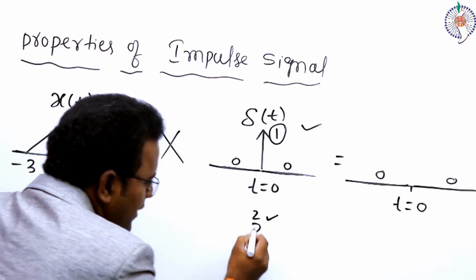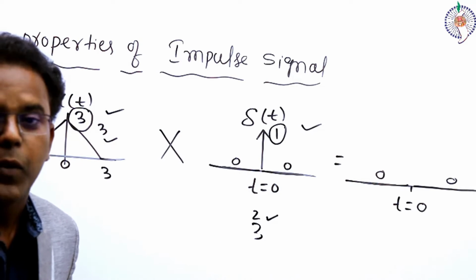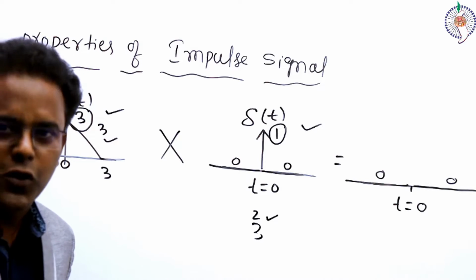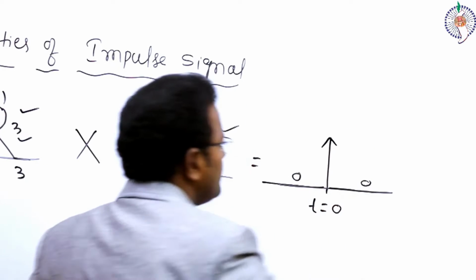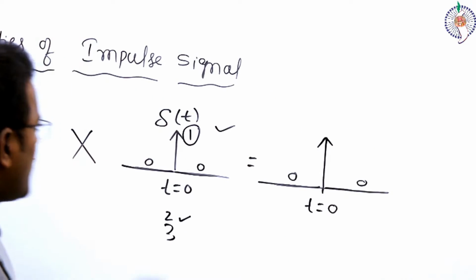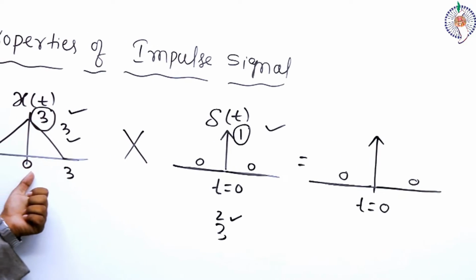For example 3, 9 you will get. For example 4, 12 you will get. But what is that amplitude? We don't know. So that's why we write the impulse, which is going to be multiplied with the amplitude of the signal at t equal to 0.